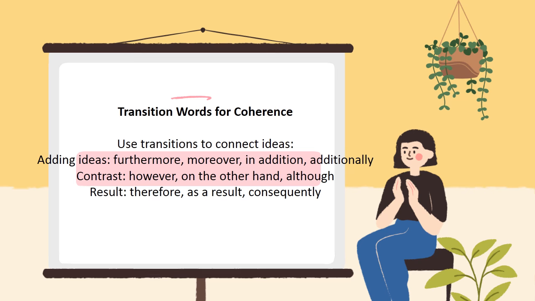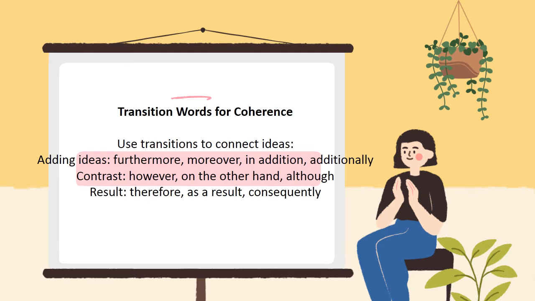To connect the supporting ideas, you can use transition words or what we call linking words. They allow you to have coherence, that is to say, a logical flow between the ideas. Use transitions to connect ideas. To add another idea, you can use furthermore, moreover, in addition, or additionally.